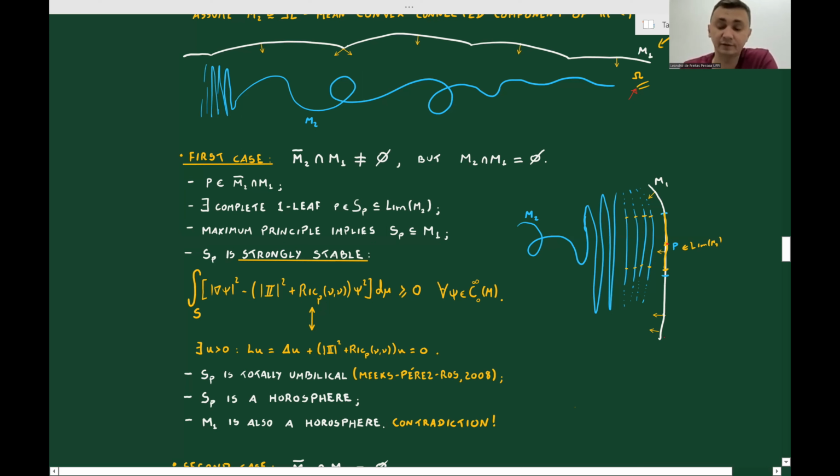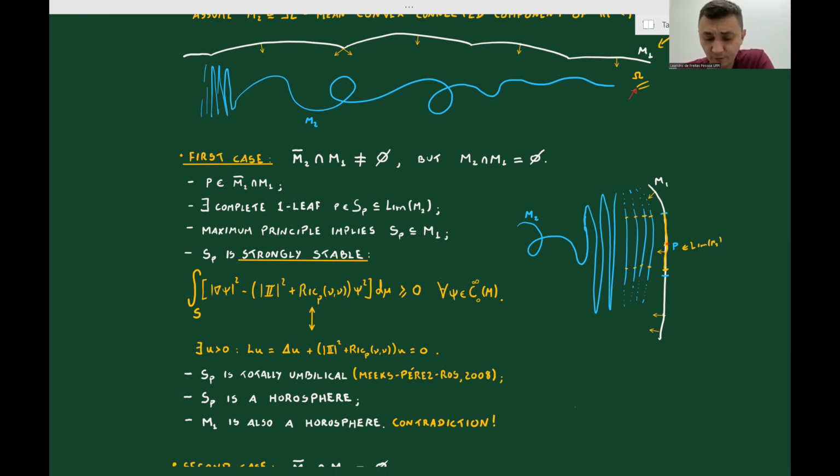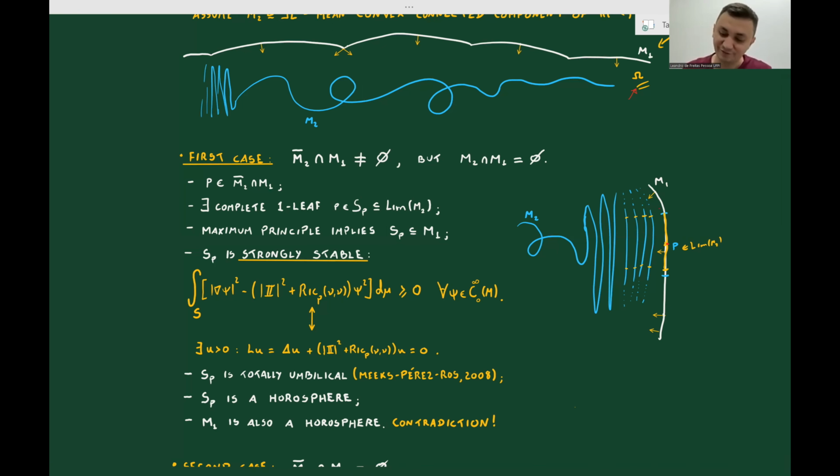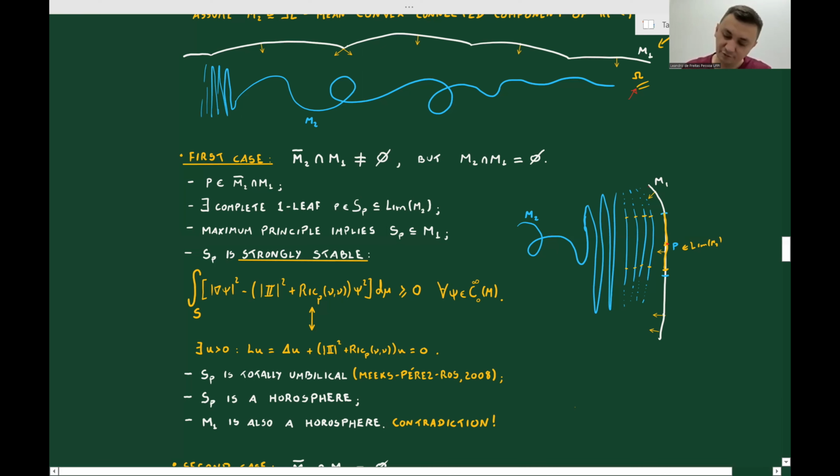So we know that we can assume that M2 is not proper. And in this case, it has a limit set. And it's reasonable to prove that there is a one leaf, I mean, a one surface passing through P and inside the limit set.